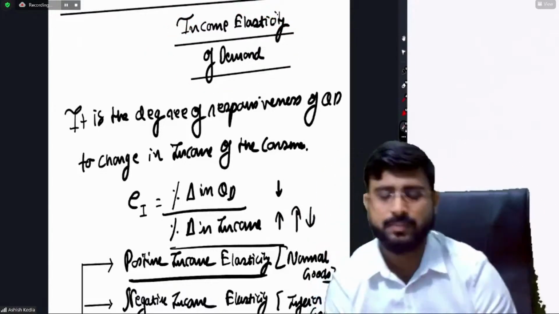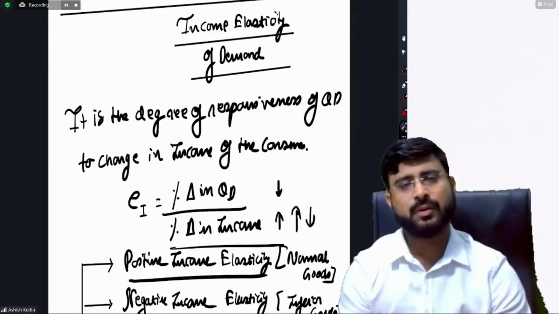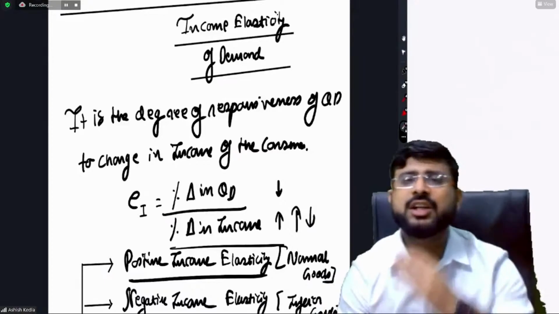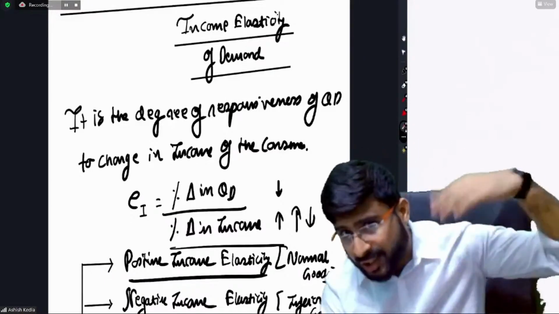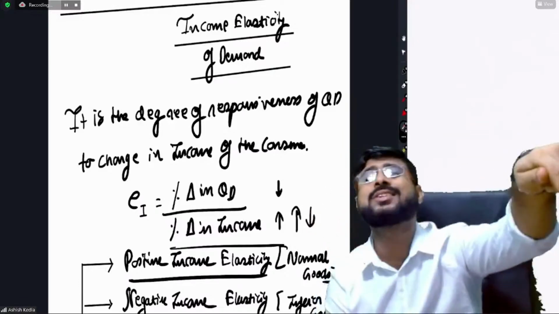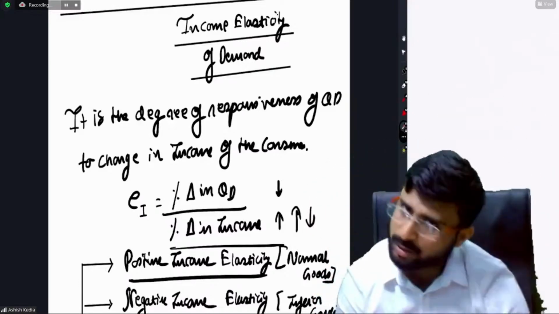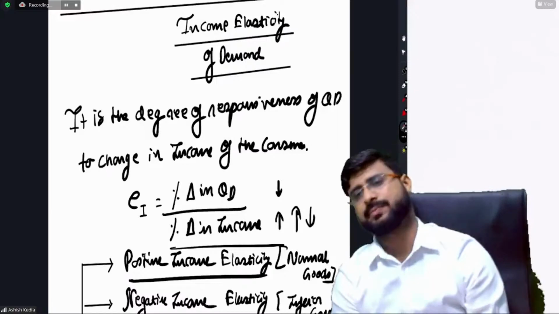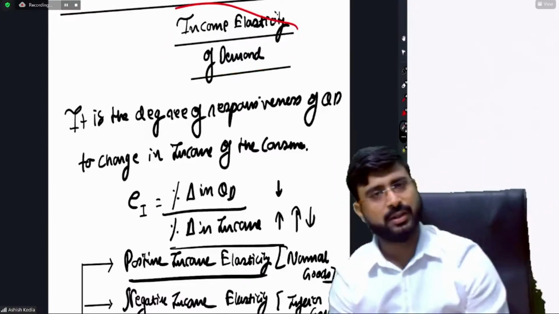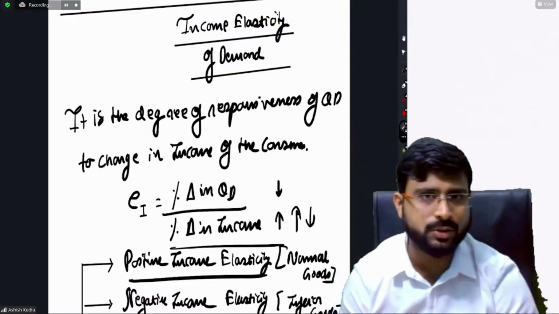Everybody pay attention. See, when we were discussing price elasticity of demand, what was it? Degree of responsiveness of quantity demanded to the change in own price. Correct, everybody? Now we are discussing income elasticity of demand. What is income elasticity of demand?